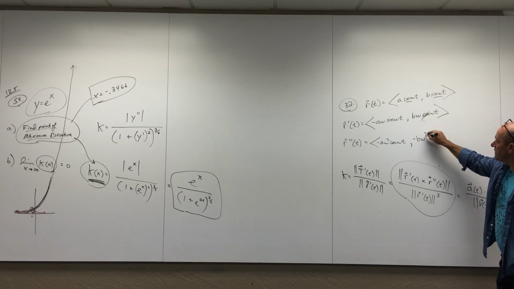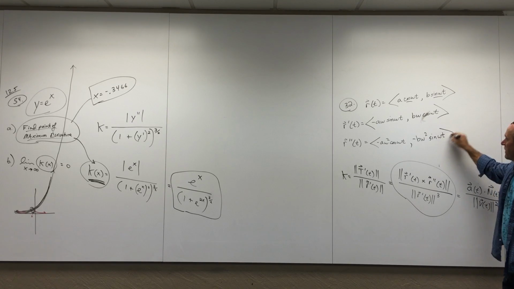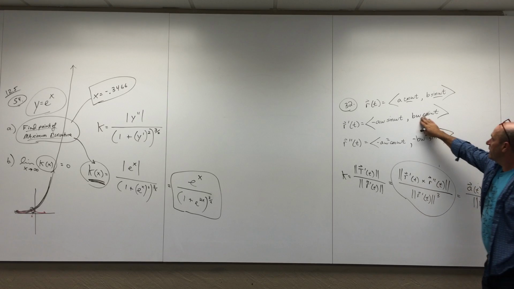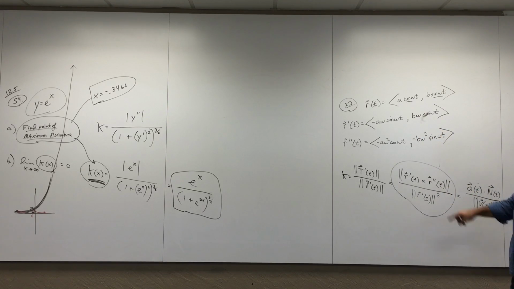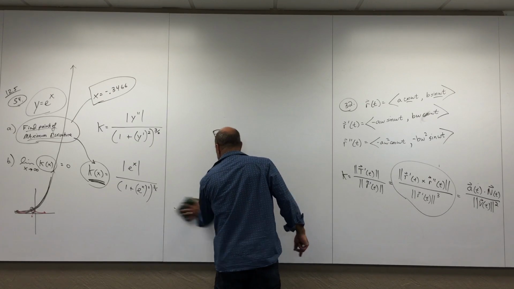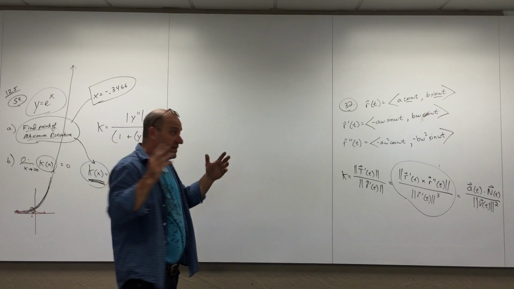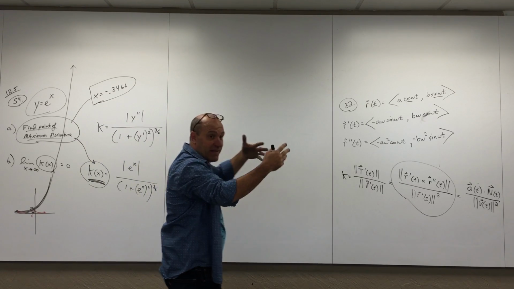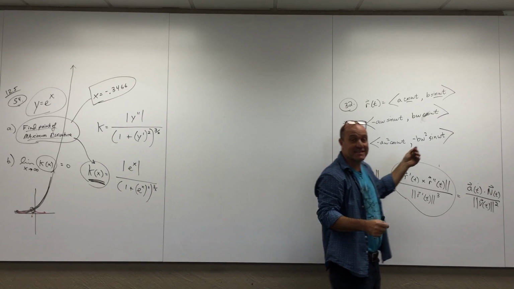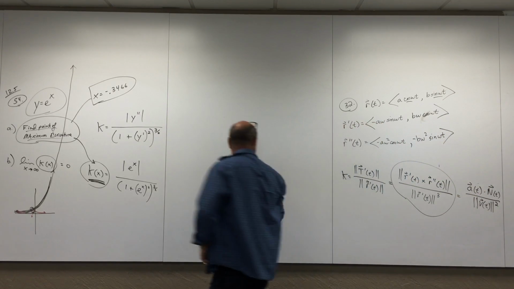Negative b omega squared sine omega t. And so then I'm going to try to do a cross product. What's funny is, when we do cross products, they were always 3D, and these are 2D, but they can be thought of as 3D. I mean, what is the z component? 0. So I can set up a cross product.